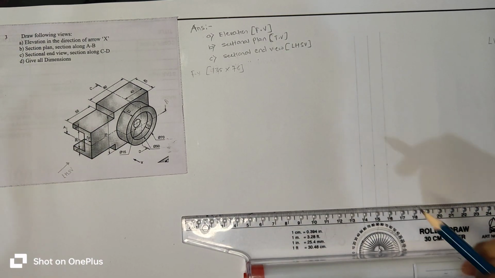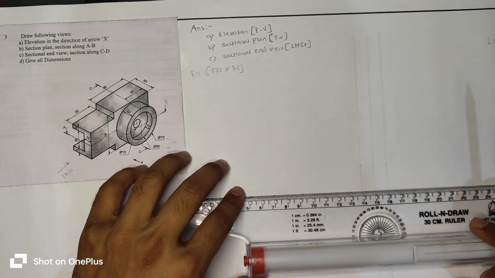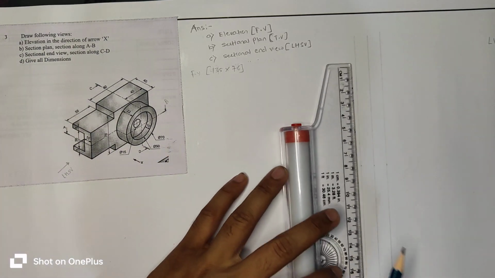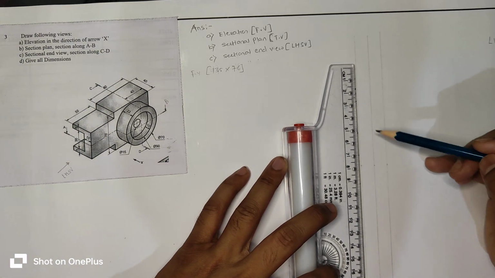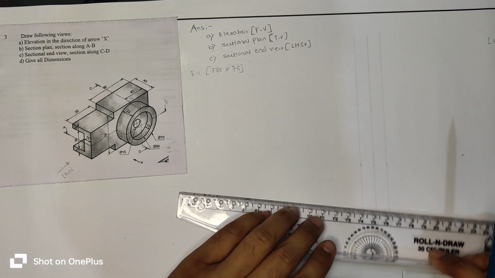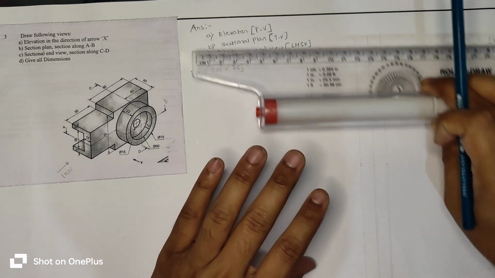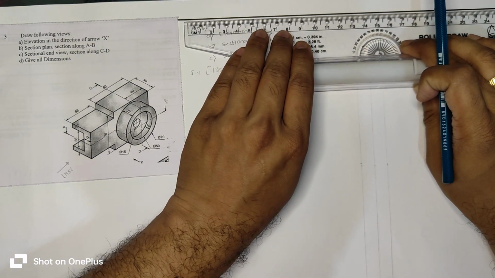So according to these dimensions we will draw these vertical lines and horizontal lines. At 76 distance we will draw this horizontal line parallel to the horizontal border.